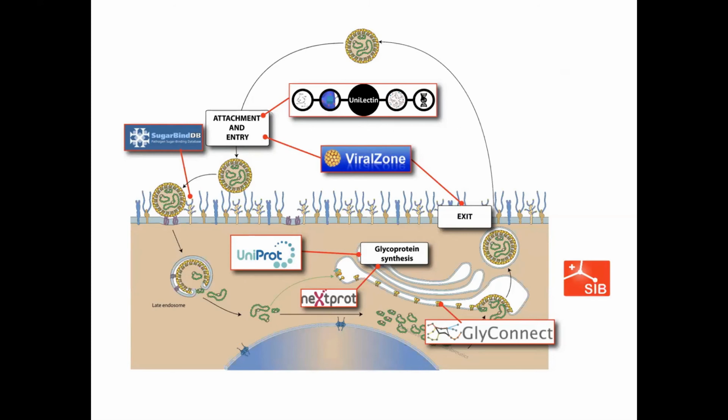You heard about UniLectin a bit earlier, so there is more about bacterial lectins and viral lectins in UniLectin. The real binding experiments are reported in SugarBind. We also have, of course, the glycoproteins in UniProt and neXtProt when it's human, which are also described.